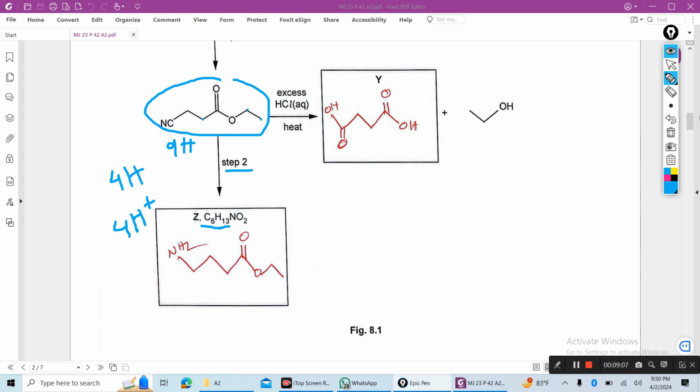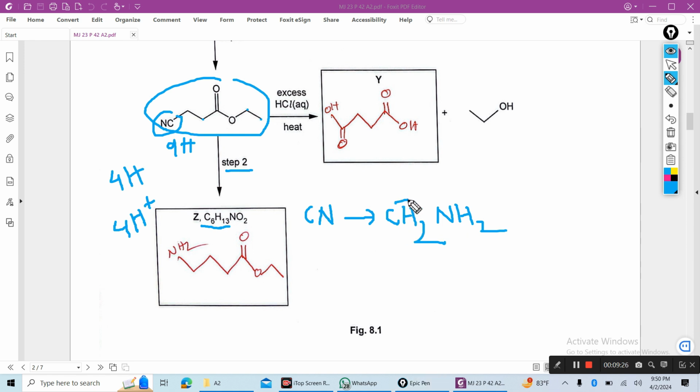Why? Because the CN group is reduced to CH2NH2 group.